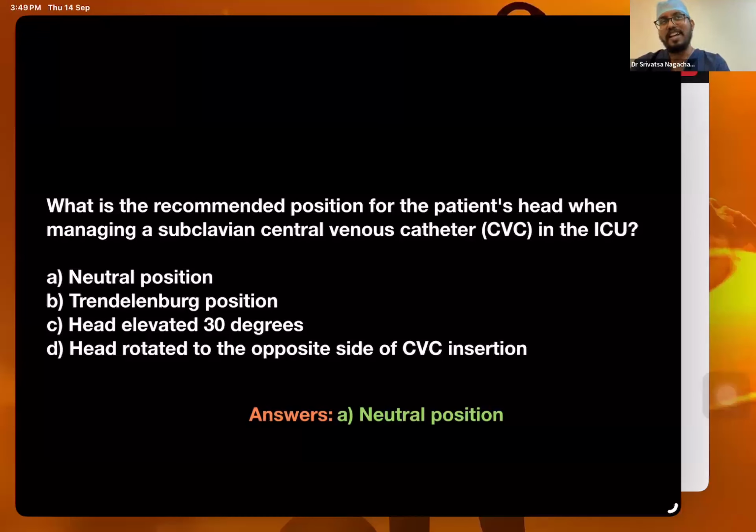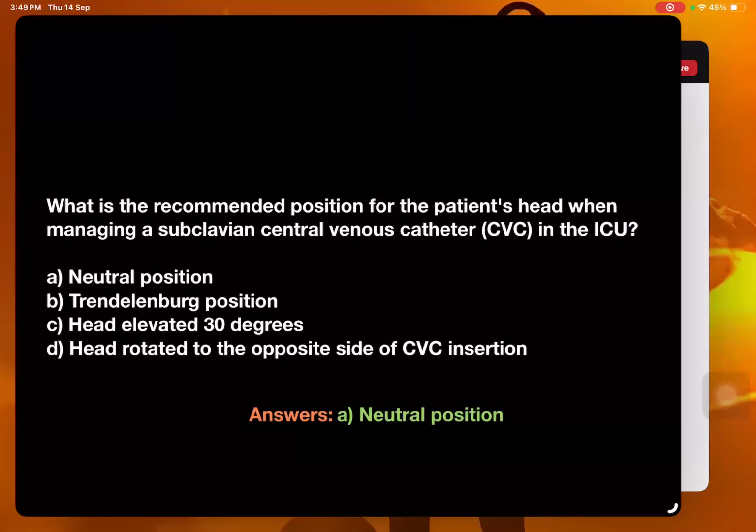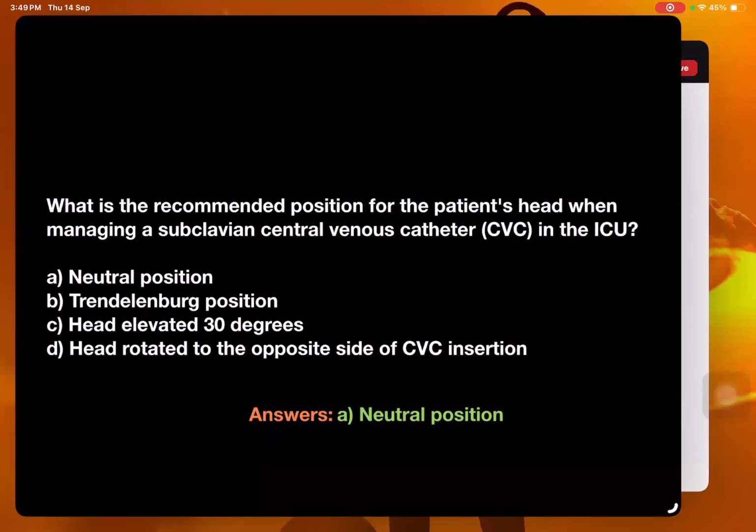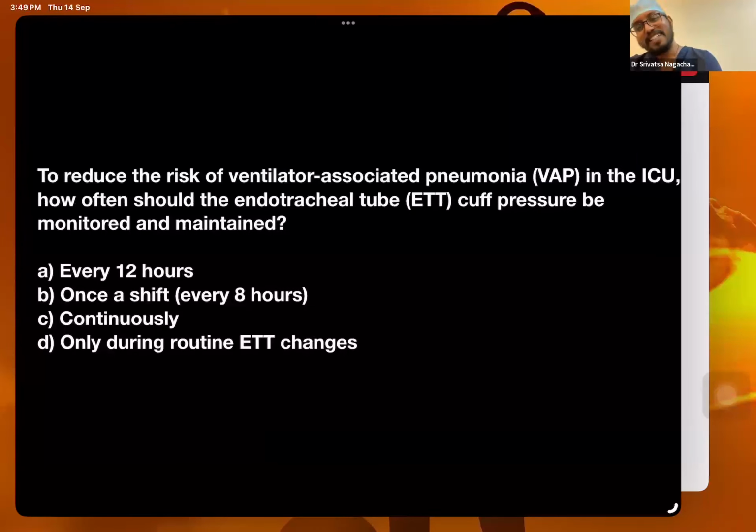It's a subclavian catheter here. Why would you want to change the head position? Everyone, I think, got it wrong. It's a subclavian catheter, so it's in the chest anyway, and you don't have to change. Okay, I'll go with the next question, a couple more. I hope I'm not boring anyone. I wanted to make it more interactive.